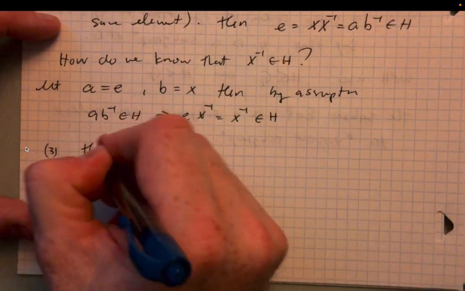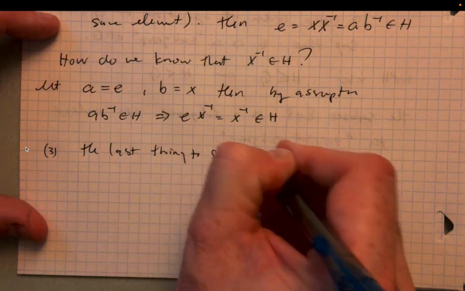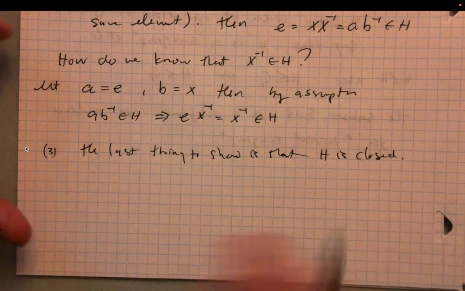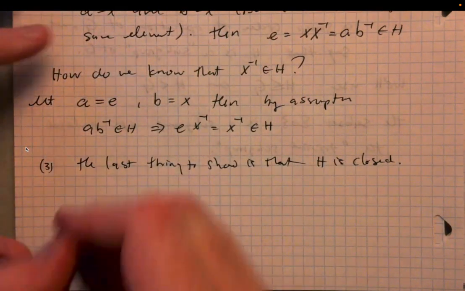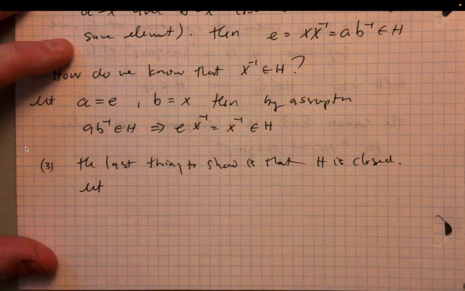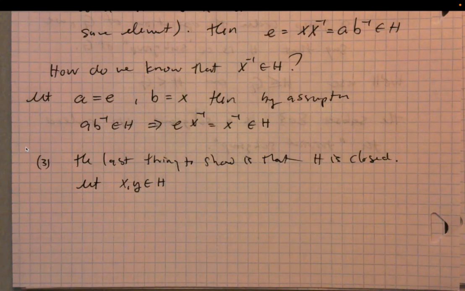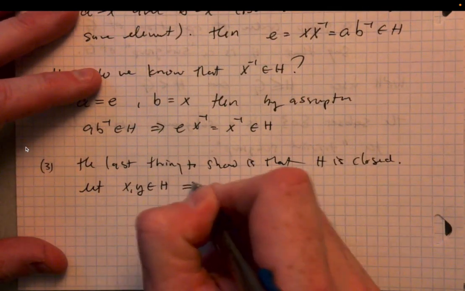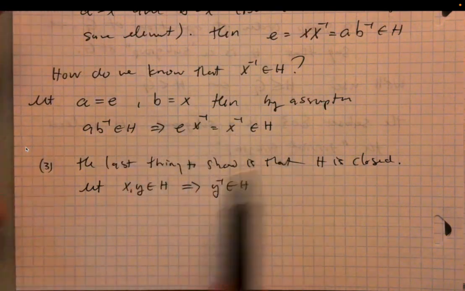The last thing to show is that H must be closed. So for this, we're going to let X and Y be elements in H. So if X and Y are in H, we know that Y inverse is in H, from this argument right here.